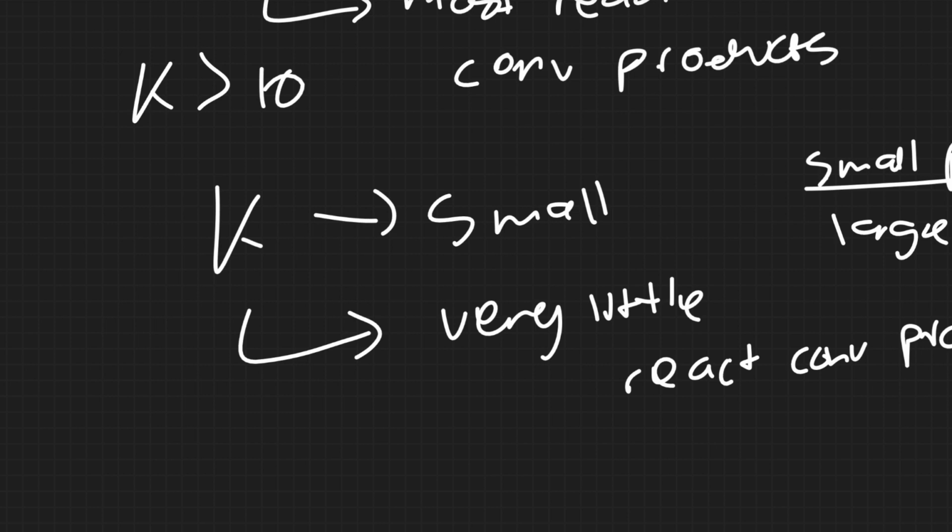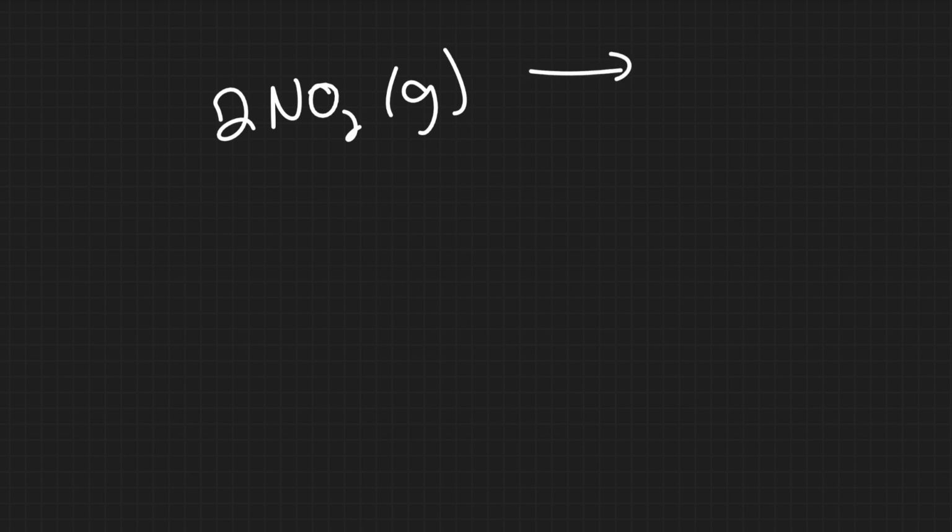So in terms of now manipulating K with different equations, let's say that we had 2NO2 gas, and the reaction is going to be something like this: 2NO gas plus oxygen gas.